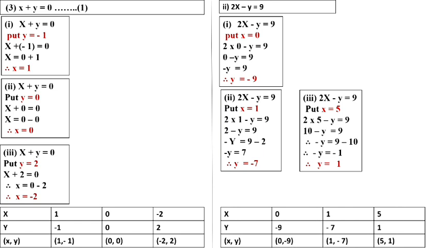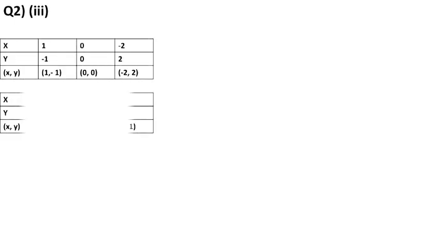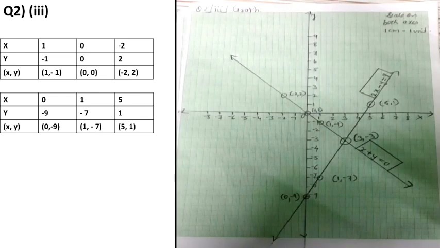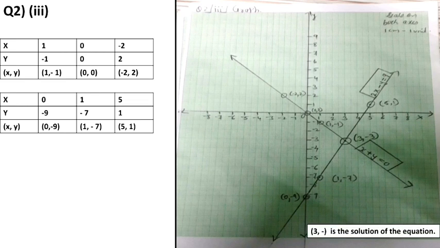Fill the answers in the boxes to plot the points on the graph paper. So here, for the third one, these are the points we got, and we will draw the graph based on these given points. Where these lines intersect each other, at 3 and minus 3, is the solution of the equation.